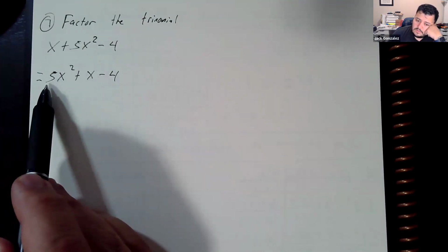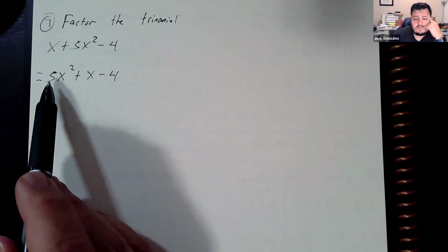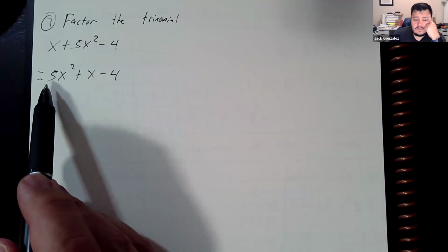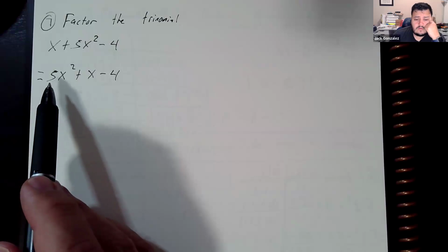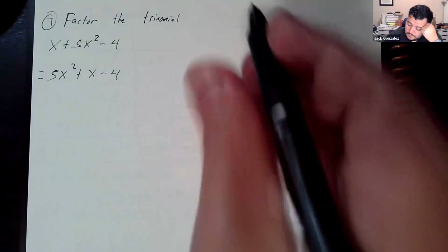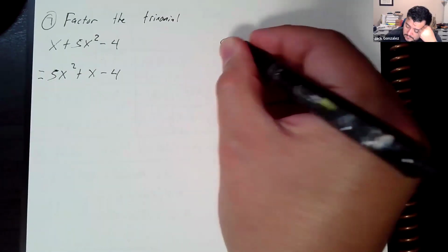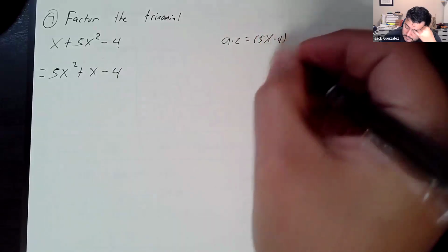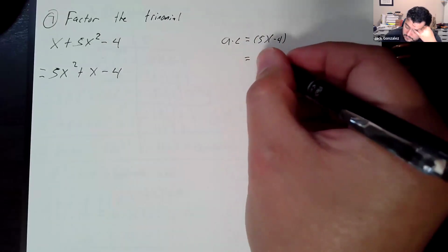Now you notice there's a 5 in front of the x squared, so I should do AC method again, not trial and error. So my A and C are 5 times -4, which is -20.